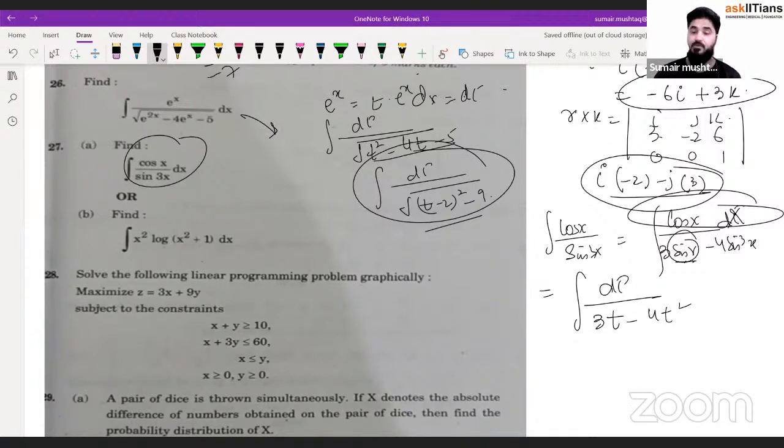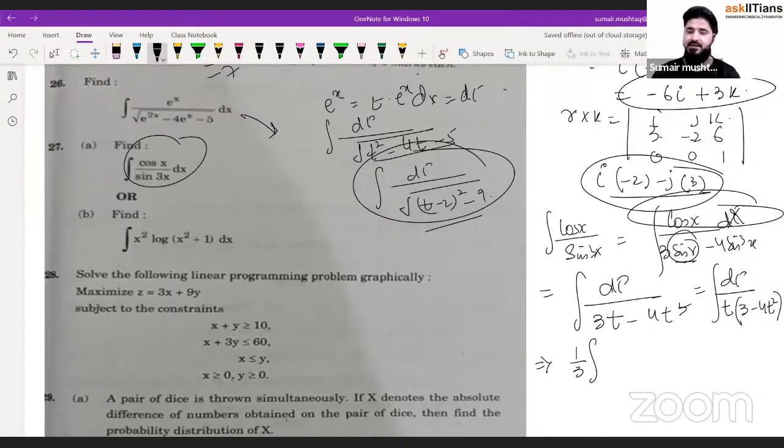Okay. Now the matter of concern is how to get, this is cube. How to get this question after this? I will be showing a little bit how to form the equation. This is 3 minus 4t square. Okay. Now, see what I will be doing. I can write it in two parts. 1 upon 3 integral. Just have a look.